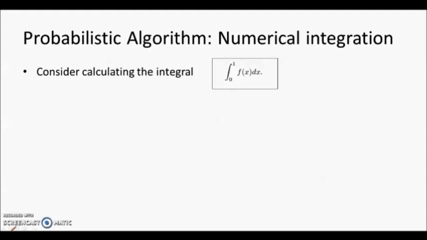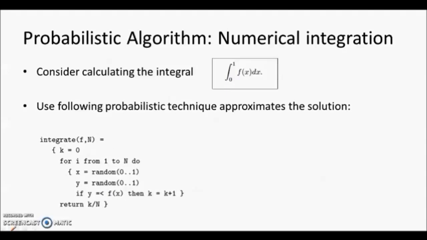Now consider calculating the integral. The shown formula here is the area under the curve f. Suppose that we know that for x belonging to 0 to 1, the function f is between and including 0 and 1. Then the following probabilistic technique approximates the solution.